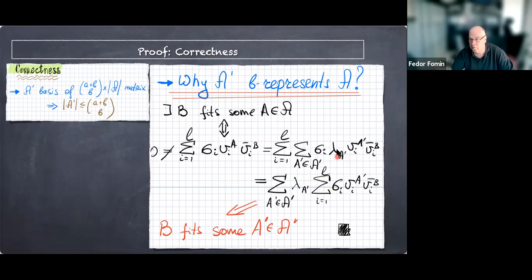I move the coefficients lambda A here. And now what I have is some summands, right? And I know that these summands are non-zero. But then at least one of these should also be non-zero.